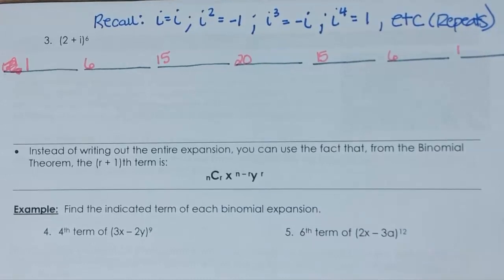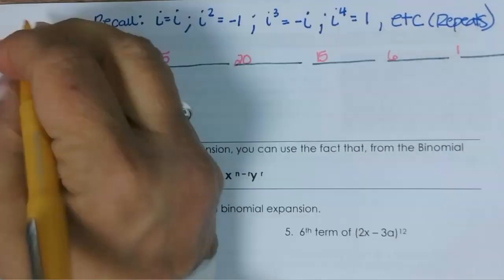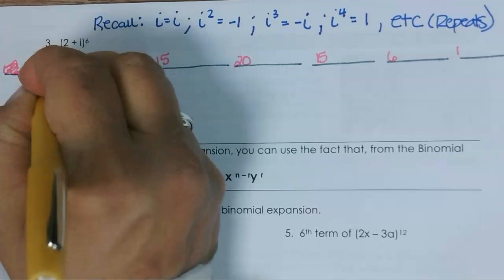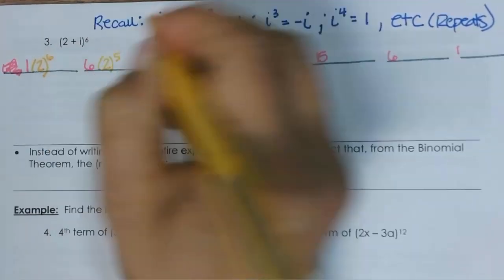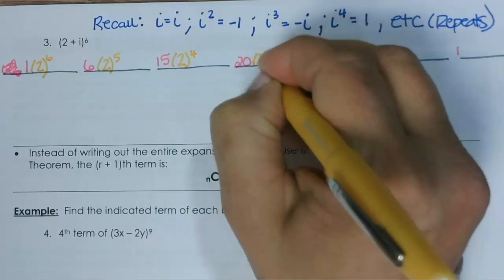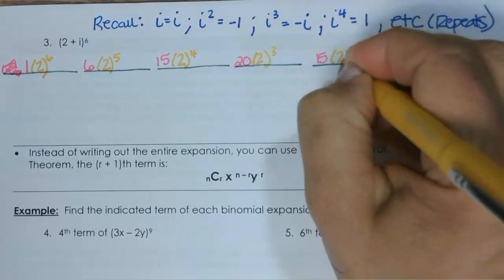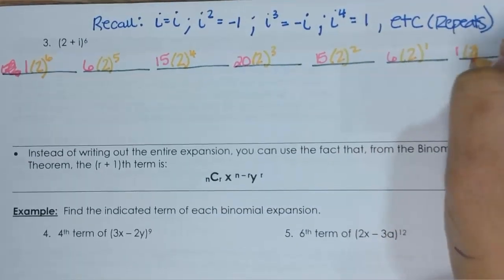Now we take the first term of the binomial, 2, and I want to raise 2 to the 6th, to the 5th, to the 4th, to the 3rd, to the 2nd, to the 1st, to the 0.